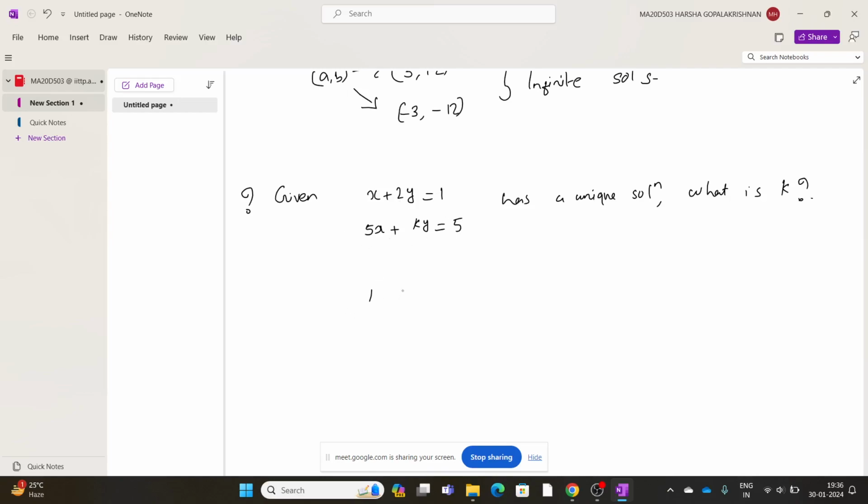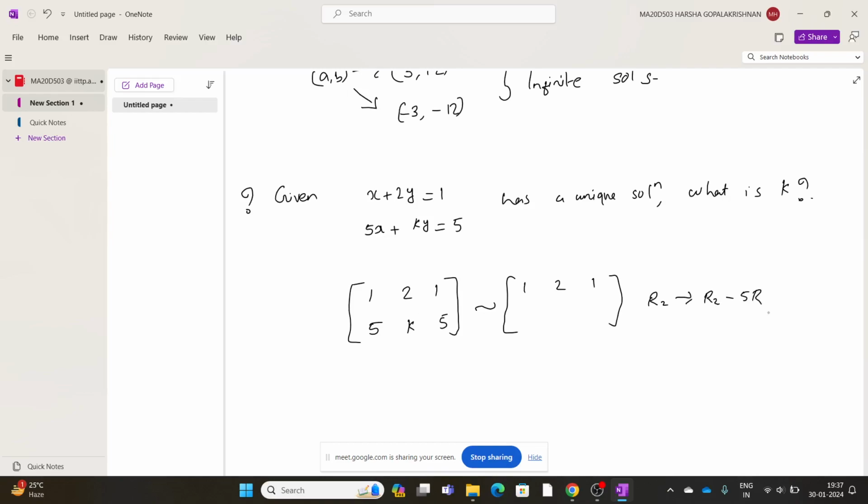As usual, we will write the augmented matrix first, with rows 1, 2, 1 and 5, k, 5, and reduce it to row echelon form. What should we do here? We should change R2 to R2 minus 5R1.